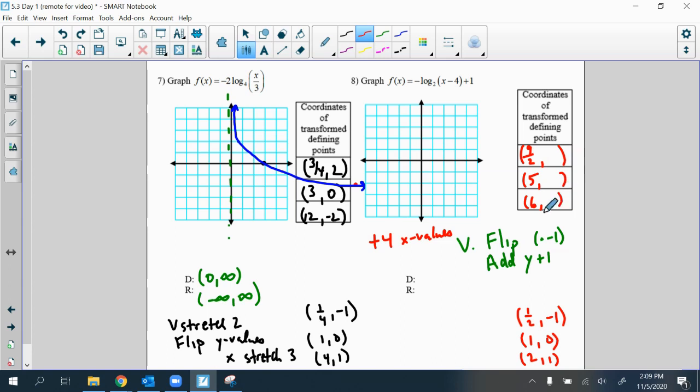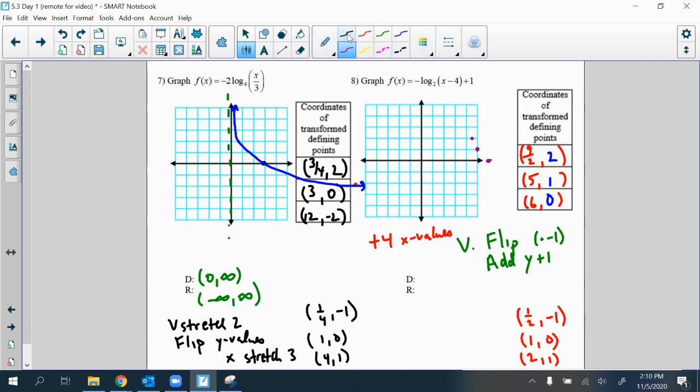And then for the y's, I multiply them all by -1 and then add 1. So -1 times -1 is 1, plus 1 is 2. 0 times -1 is 0, plus 1 is 1. And 1 times -1 is -1, plus 1 is 0. So I have these points on the graph, (4.5, 2), (5, 1), (6, 0).